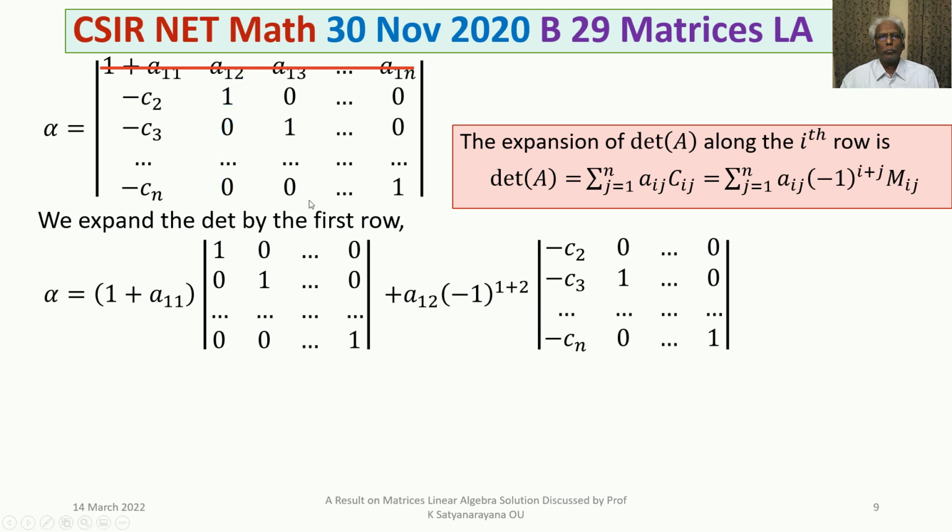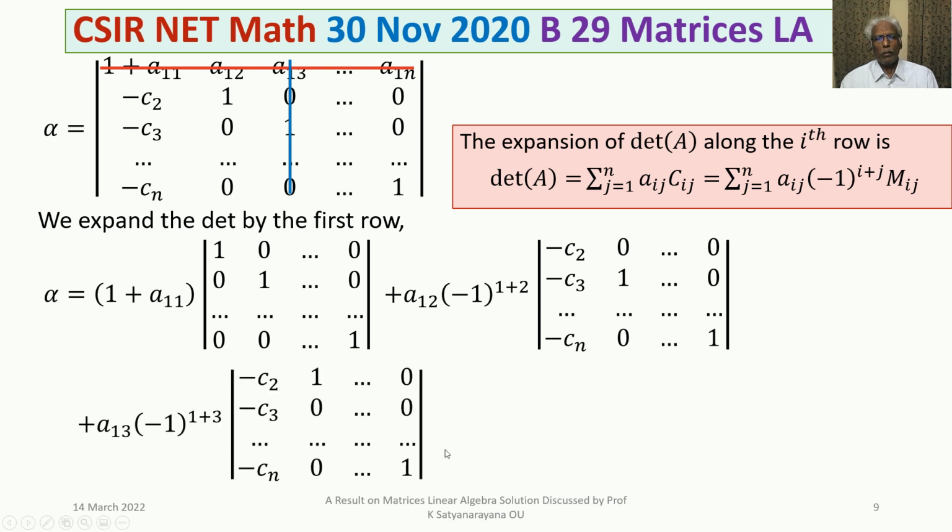Continue. Plus a13, delete the first row and third column. Then it will be a13 into (minus 1) to the power of 1 plus 3 into the remaining determinant. And so on.